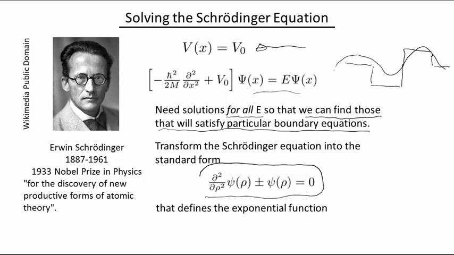In this case, the standard form that we seek is here, where rho is a scaled, dimensionless variable, and the plus or minus sign has to do with whether energy is positive or negative. We know that energies can be any number on the real line, so we need to account for both of those cases.